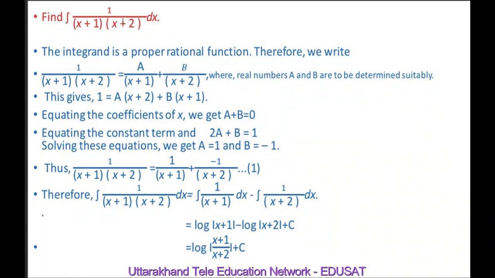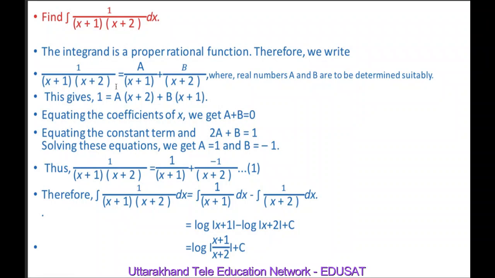Suppose this is a function we want to calculate. Here it is a proper rational function, 1 upon (x plus 1) into (x plus 2). So this is a proper rational function. If it is not a proper rational function, we will reduce it to a proper rational function, but it is already a proper rational function, so we can write it as A upon first linear factor plus B upon second linear factor.